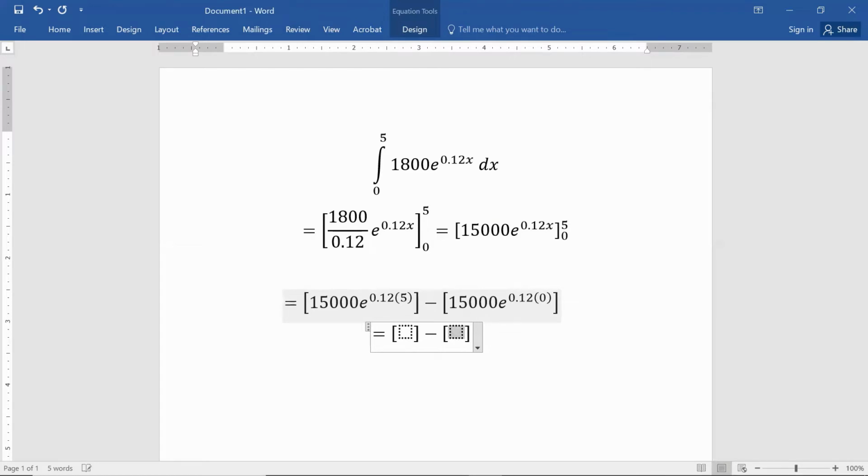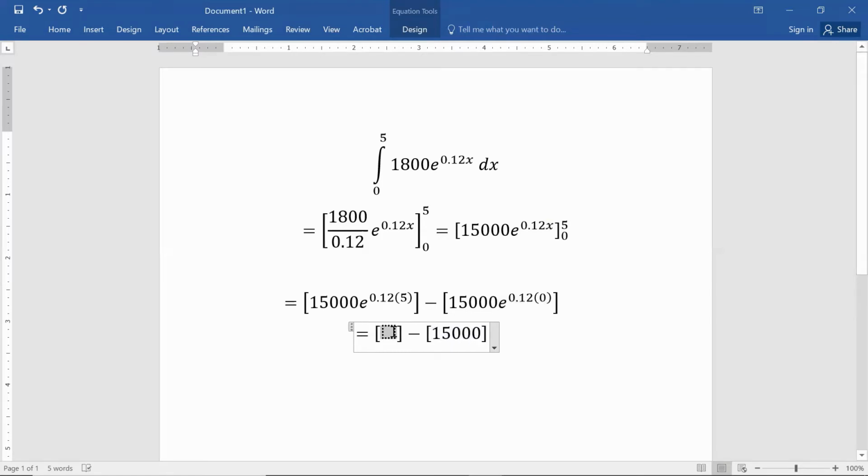But that is not correct. The 0 is in the exponent. So this thing, e to the 0.12 times 0, that piece just becomes 1. 1 times 15,000 is 15,000.